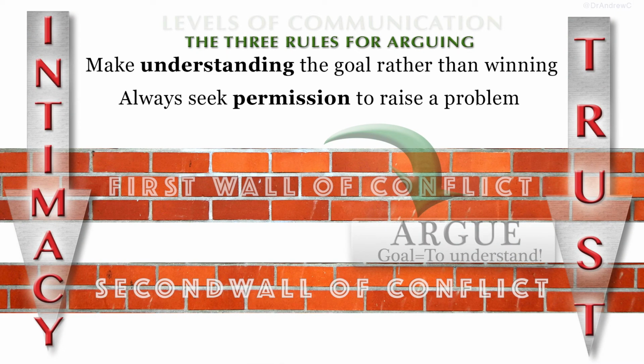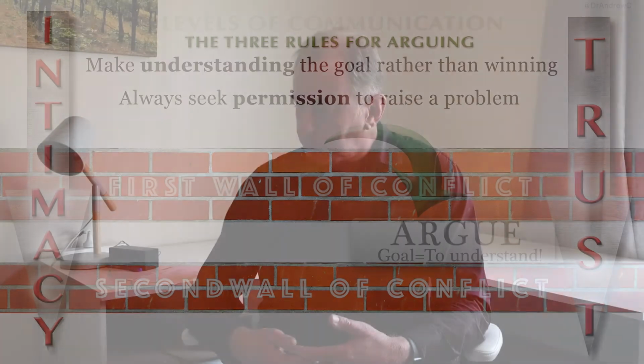Ask for permission to share your point of view. It might sound something like this. Do you mind if I tell you how I see it? Or it could be, could I share with you how I'm feeling? Could I tell you something that I'm not sure you want to hear? Now those questions are actually permission questions.